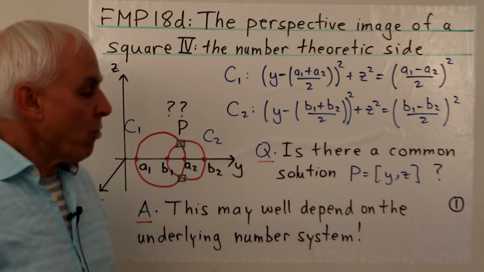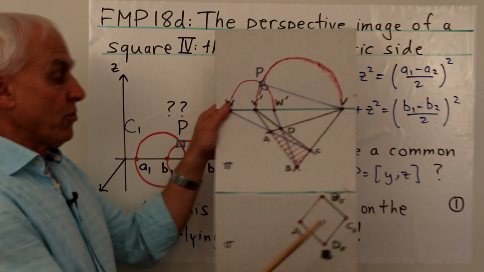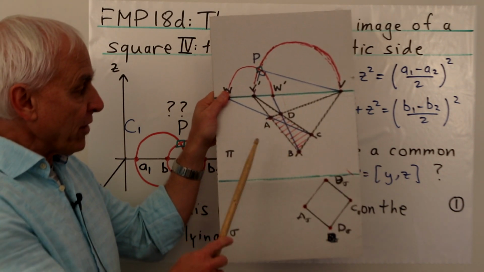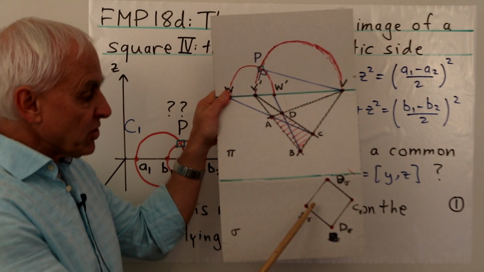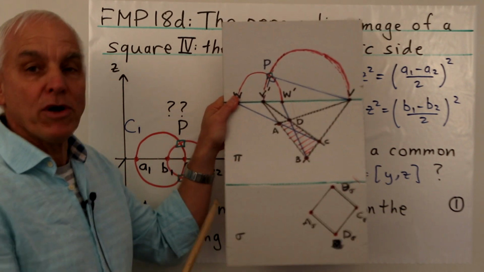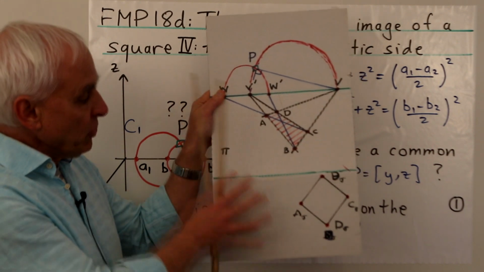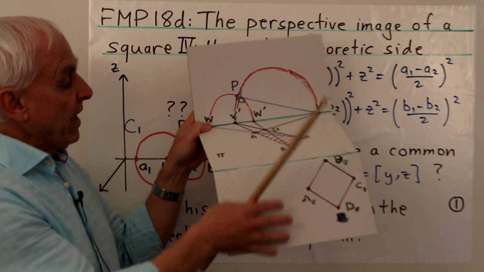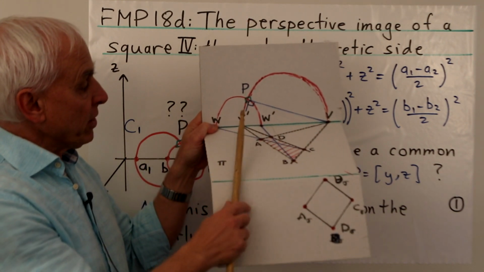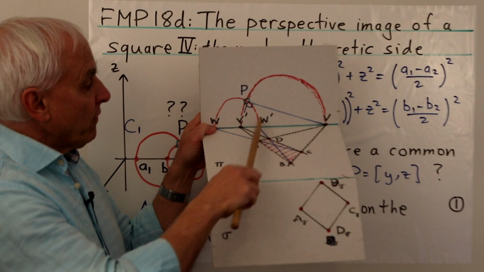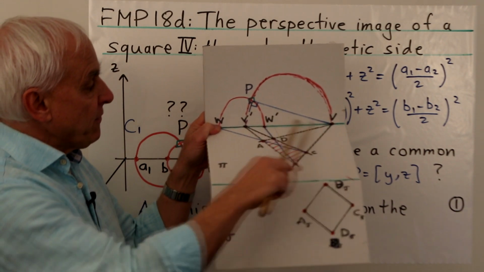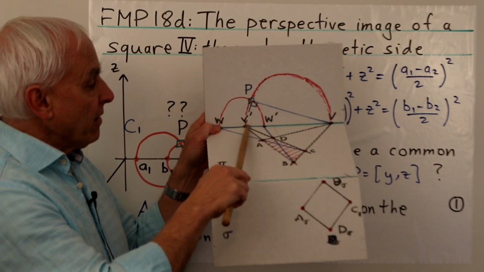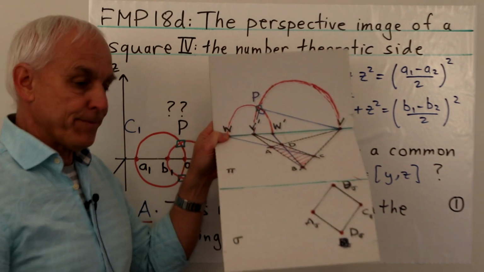And today I want to go beyond the solution that I showed you last time, where we're trying to show that a given quadrilateral is the perspective image of a square by finding an appropriate point of perspectivity P. And the solution that I showed you, which is really a three-dimensional one like this, involves two parallel planes, and crucially finding this point involves taking the meet of two circles built on these 4 points with diameters w, w prime for this circle and v, v prime for this circle.